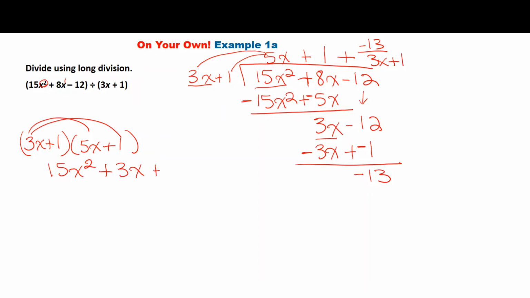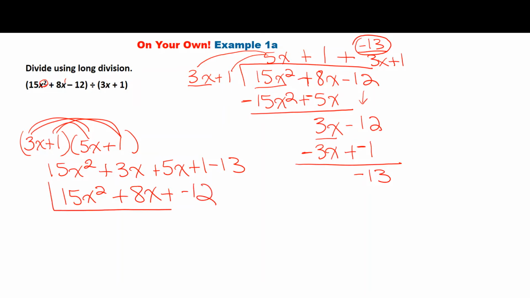Plus 1 times 5x is 5x, and 1 times 1 is 1. Now, we don't want to forget that we also are going to have to add in our negative 13, so I'll just go ahead and put in a minus 13 there. Get all of our like terms together. We end up with 15x squared plus 8x plus a negative 12. And so when I use that and check over here, I end up to see that they're the exact same, so I know I did my problem correctly.